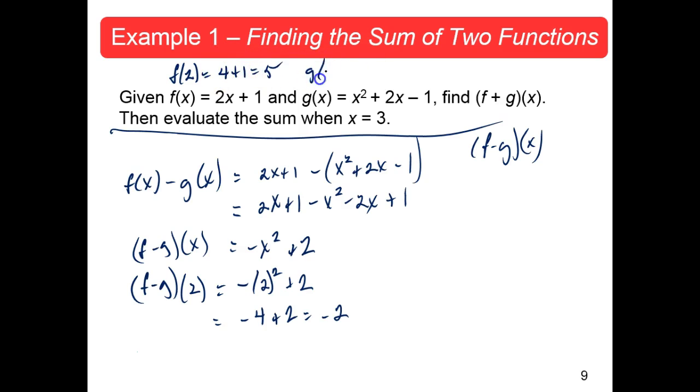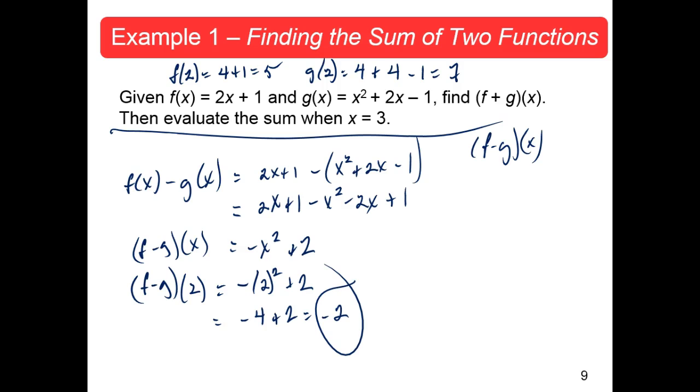And what's g of 2? 4 plus 4 minus 1, and that would be 7. And what's 5 minus 7? Negative 2.